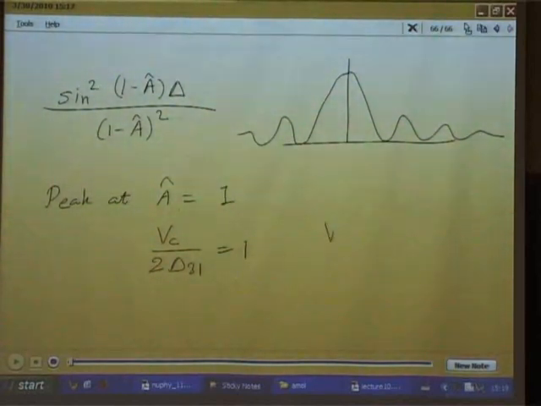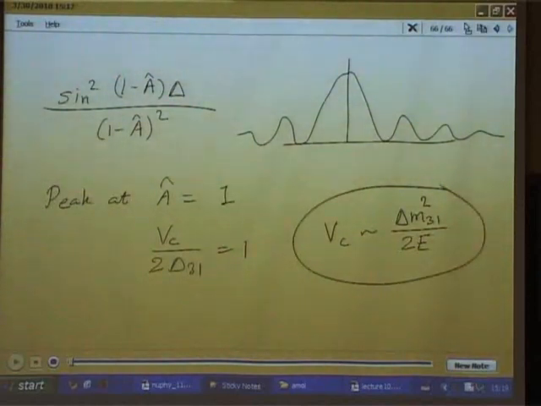So this basically means when B C was nearly equal to delta m square 31 divided by 2E. Does this condition remind you of something? It's a resonance condition. Right? Our earlier resonance condition was B C is delta m square by 2E times cosine of 2 theta.